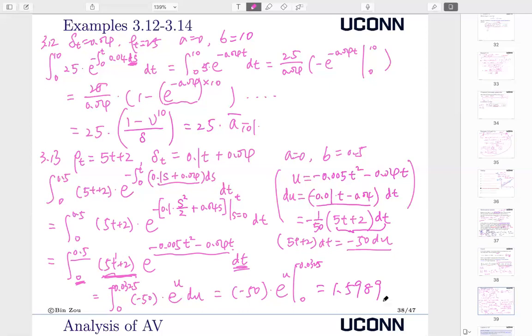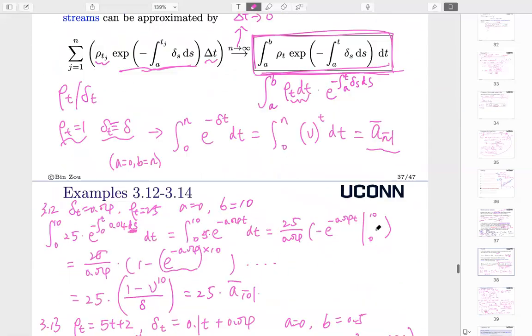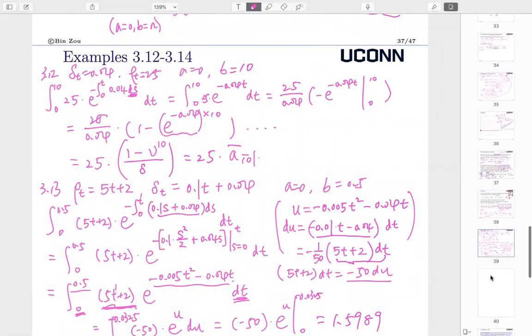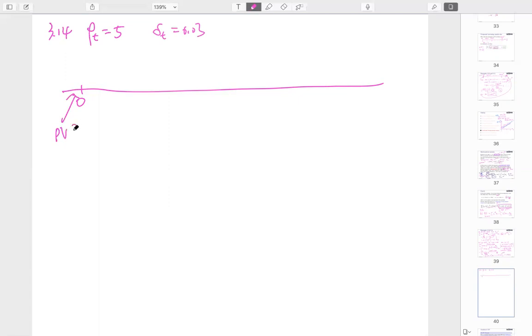I don't have too much space down here, so let's use an additional page to analyze 3.14. The setup is actually easy because it's a constant $5 per year, and the delta is also constant 0.03.